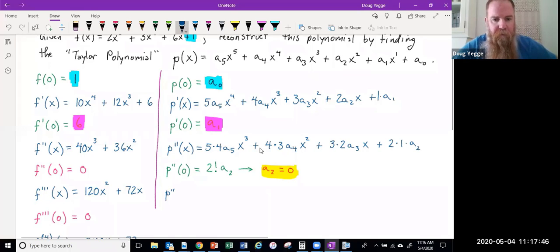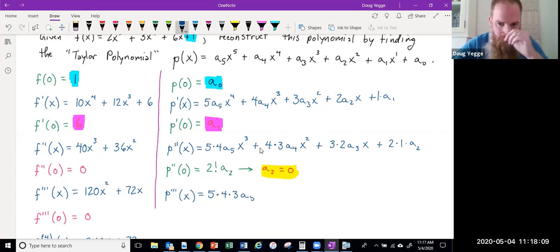We find another derivative, the third derivative here. Notice what happens now again. Because of the power rule, isn't that 3 going to multiply to what's already here? Which now ends up giving me 5 times 4 times 3, a5.